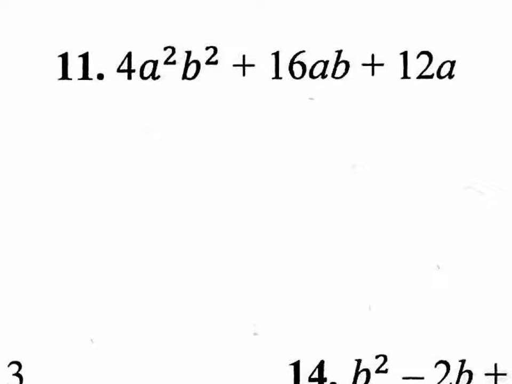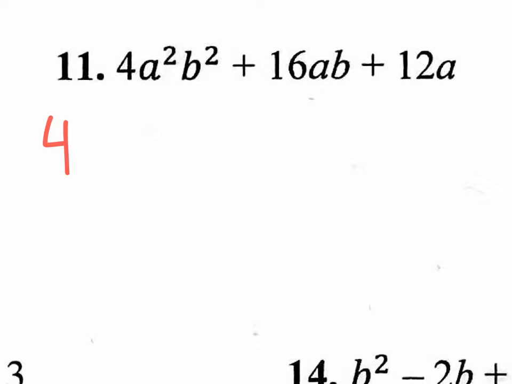Okay. Well, let's think. And let's start with the coefficients. The 4, the 16, the 12. What's in common with 4, 16, and 12? 4, right? You could pull out the multiple of 4, from 16, and from 12. And that is the greatest value that you could pull out in terms of the coefficient. So we're pulling out a 4.